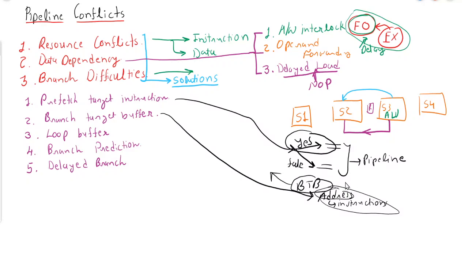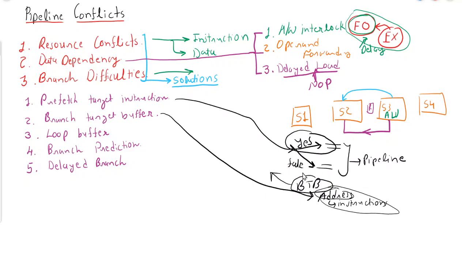If there is a new branch which is not available in the branch target buffer, the pipeline will fetch the instruction, add it into the branch target buffer, and continue with normal execution.